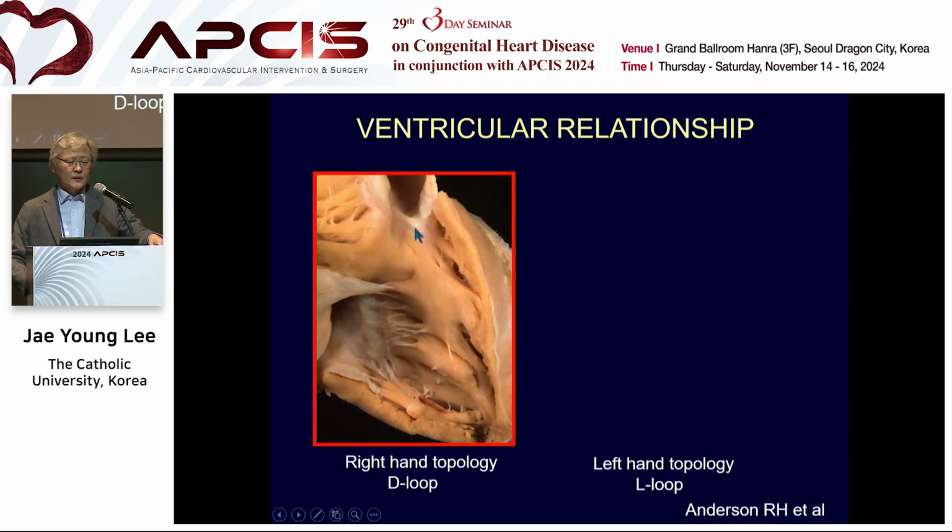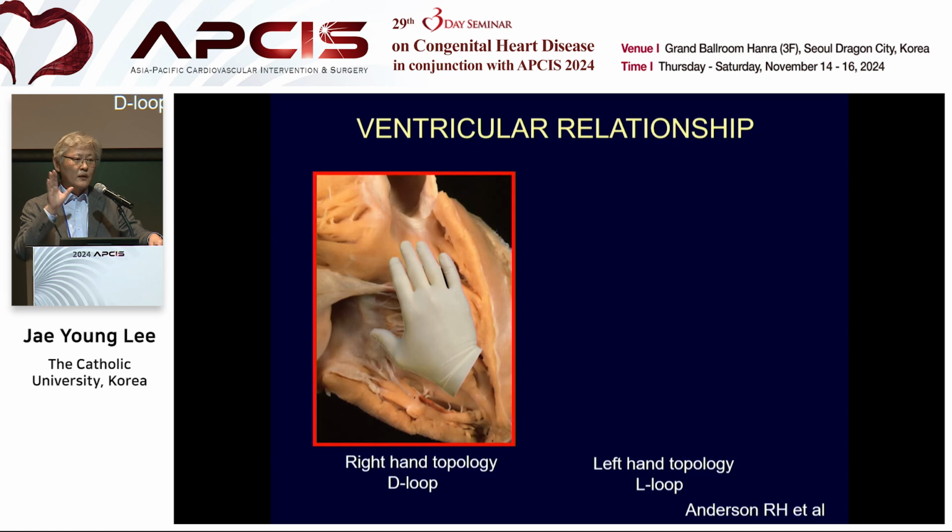So this chamber has an inlet part, outlet part, and septal surface. Hand topology means that the thumb indicates the inlet, fingers the outlet, and the palm faces the septal surface. So we can only fit this figure with the right hand.